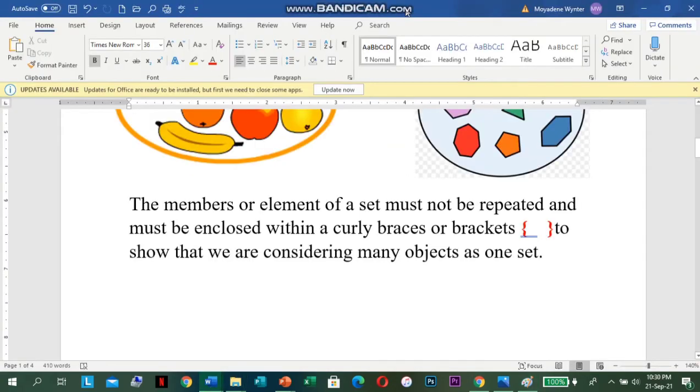The definition says that the members or elements of a set must not be repeated. Let me give you an example of this.